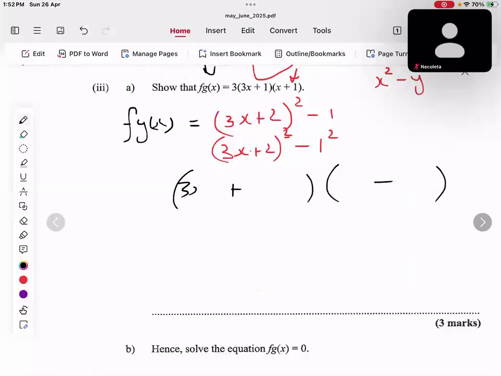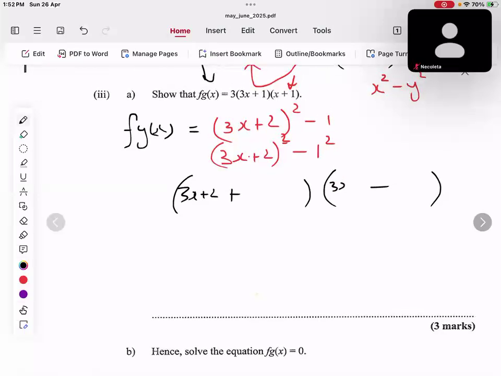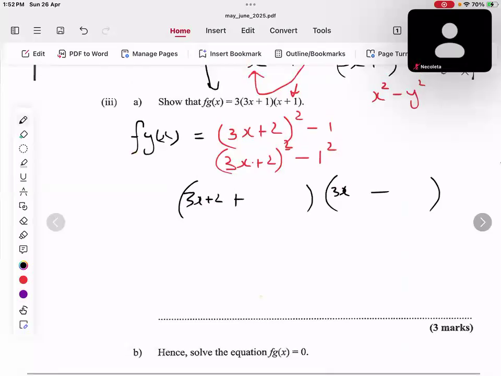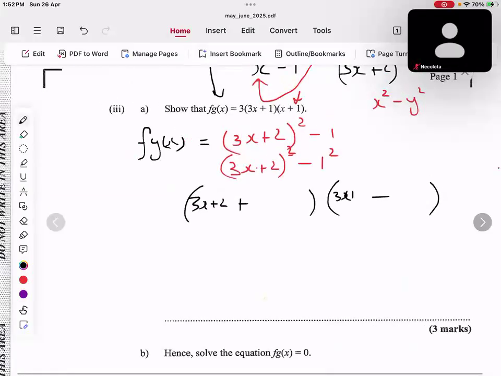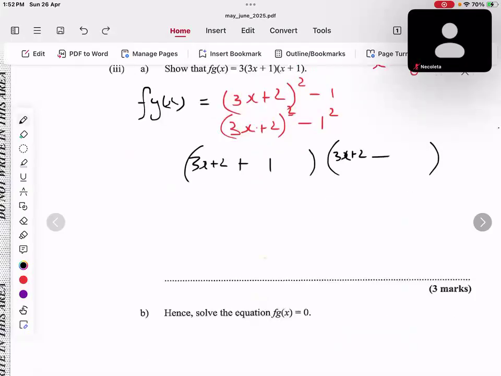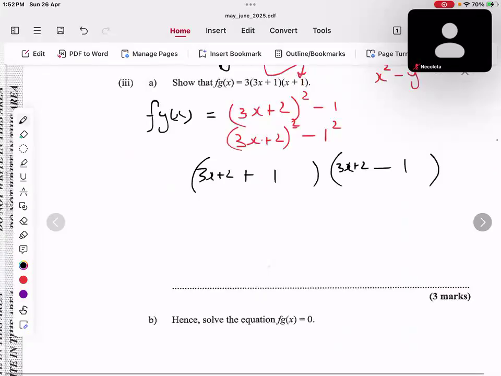So 3x plus 2 in one bracket, 3x plus 2 in the other bracket. And then we have plus 1 over here and minus 1 over here. All right? So that's basically what we have. Now, when I break this down, guys, the 2 and the 1 can add.